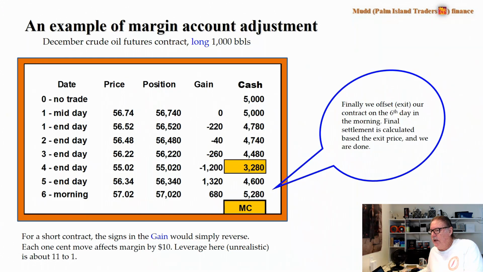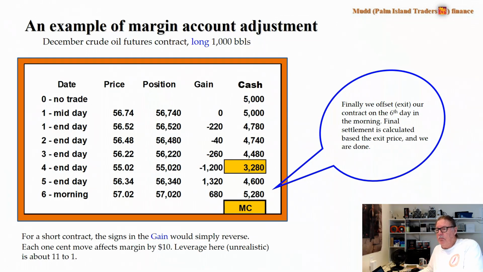And so finally, on the 6th day, we decide to sell out of our contract because we got the pop in price that we were hoping for. It went to $57.02. So we offset or exit, those terms are interchangeable, our contract on the 6th day, and we do it in the morning. So final settlement is calculated based upon the exit price, obviously not the end of day price, and we are done.